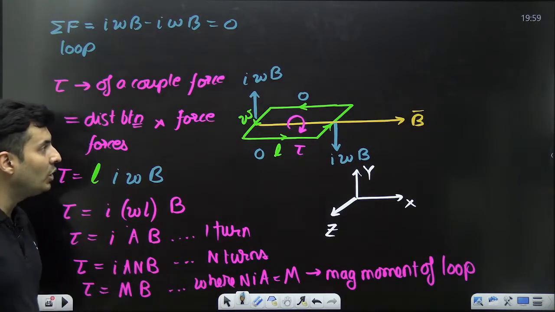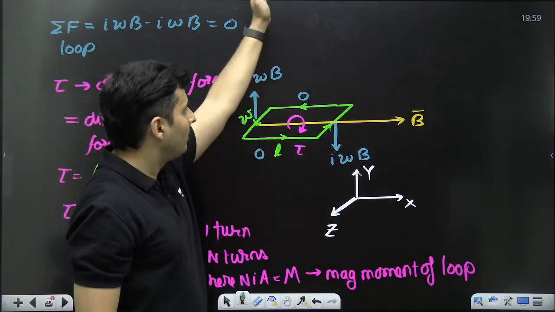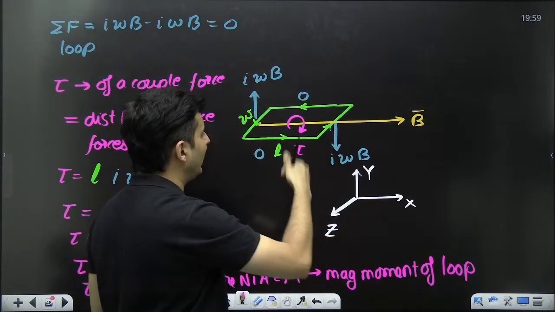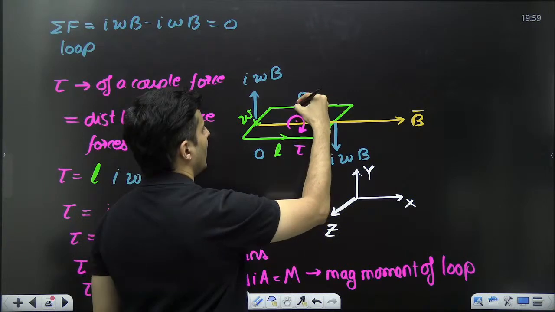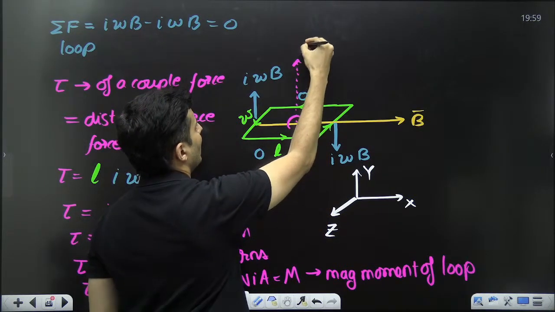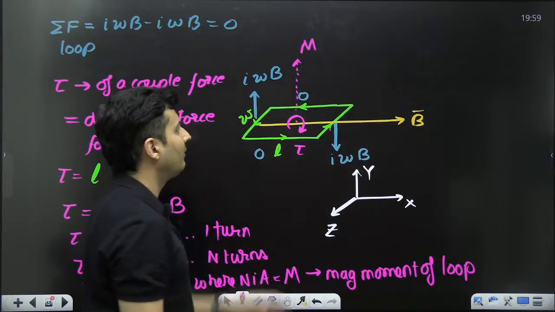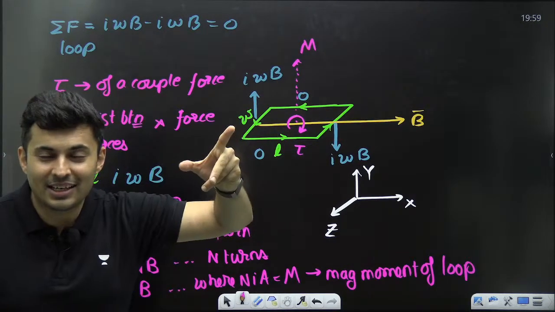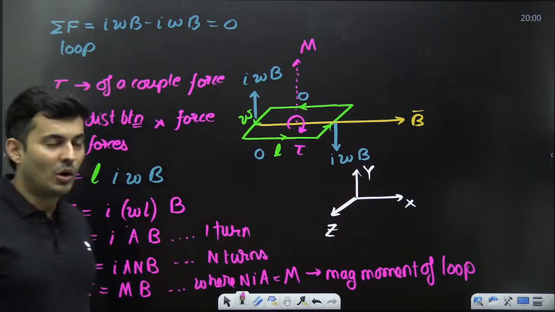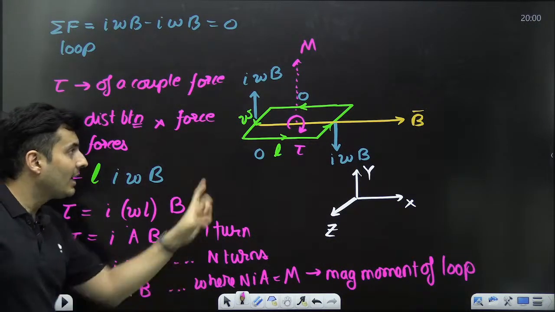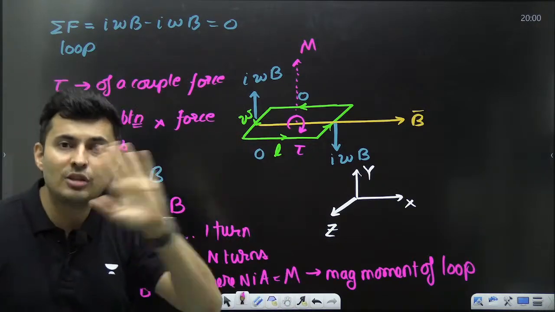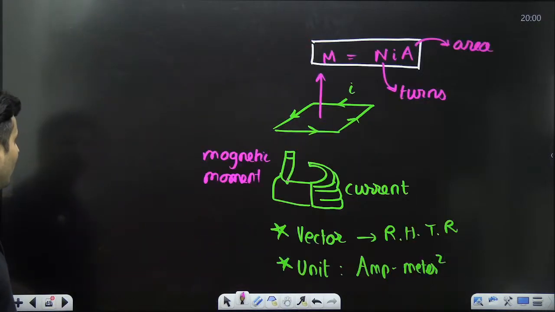And here, M is basically perpendicular to the magnetic field. But if it makes an angle, there will be a sine or cos component, and in fact it is a sine component. Here the angle is 90, so sine 90 becomes 1. But when the angle is not 90, you have to include that theta.